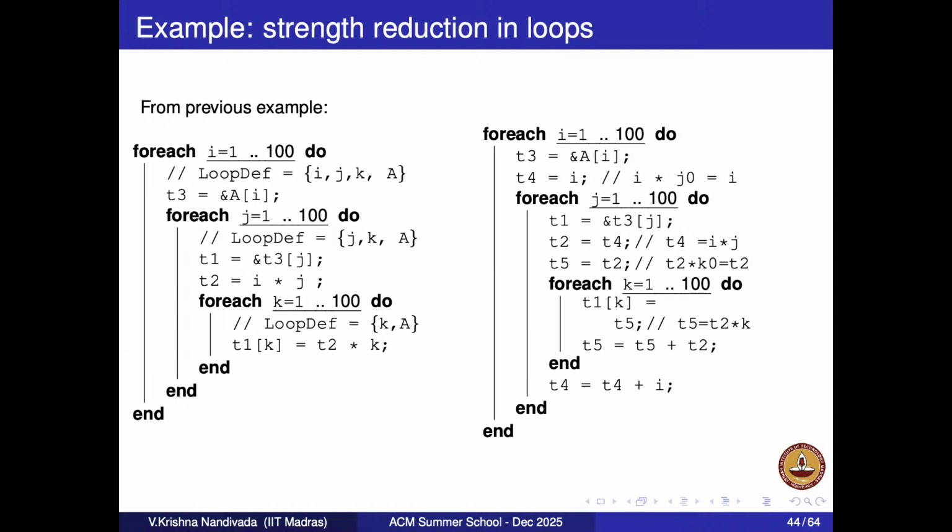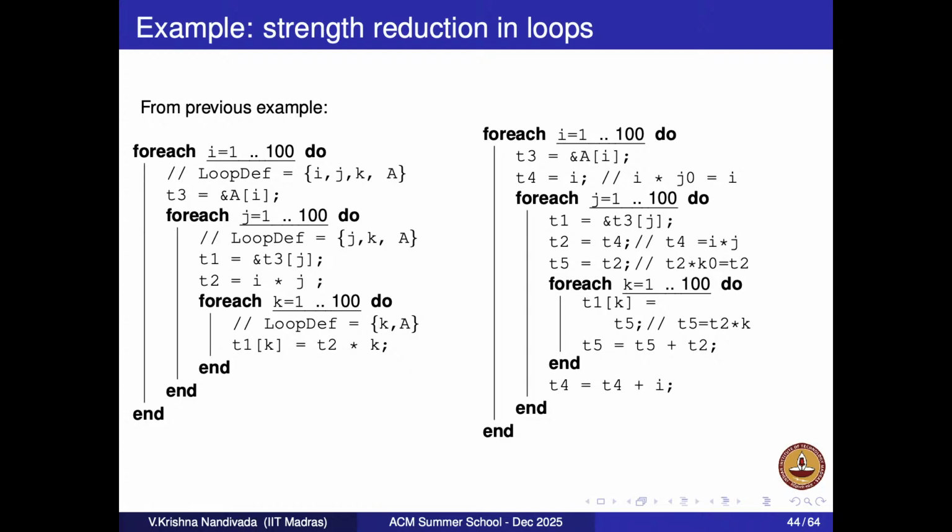There is one more here, t2 equal to I times j. This I times j can also be in the same form. So I will write some t4 equal to I and t4 equal to t4 plus I. Now I have 0 multiplications. I started with how many multiplications? 2 million.